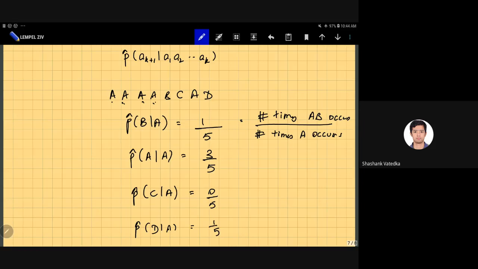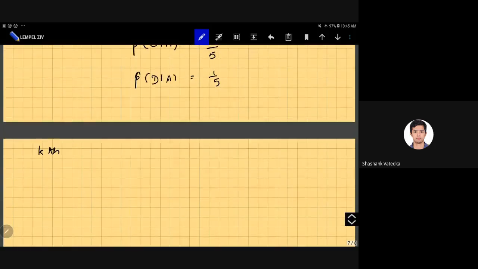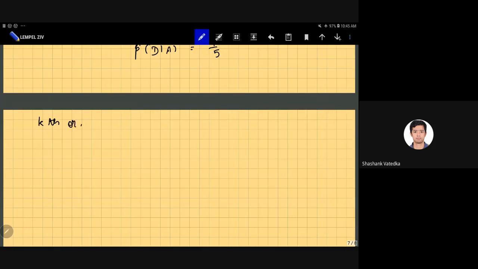So you take the empirical number of times each k tuple occurs, and then just normalize to make it a probability distribution. So the kth order conditional entropy is basically exactly as you might imagine.